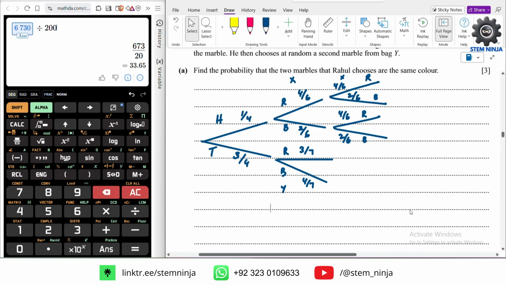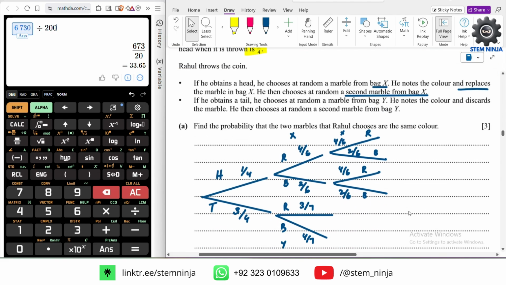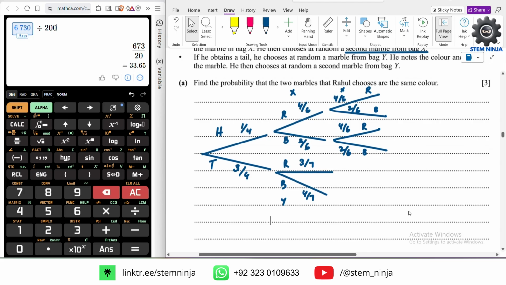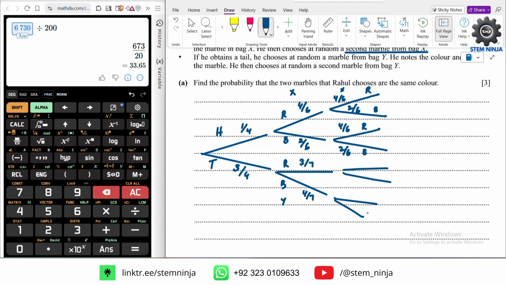He notes the color and discards the marble. He then chooses a random second marble from bag Y. Then again this continues. So the second time red would be 2/6, and blue would remain the same, 4/6. If he chooses blue first, then red would be 3/6, and blue would be 3/6.